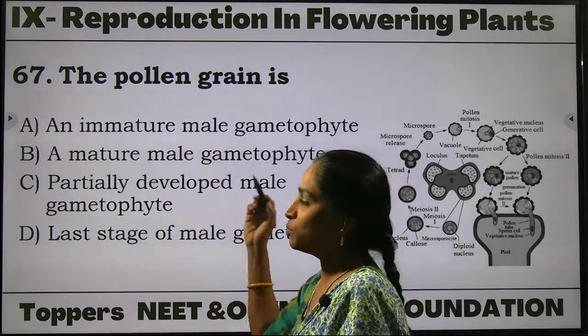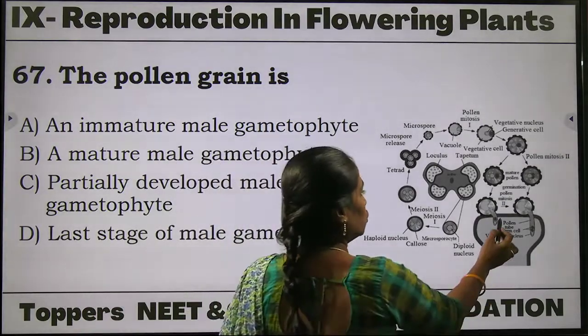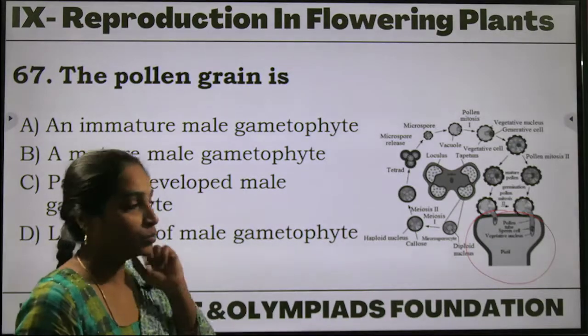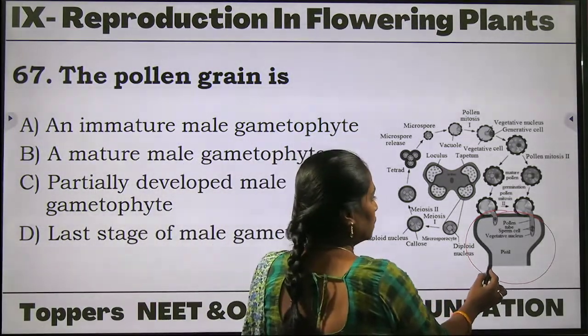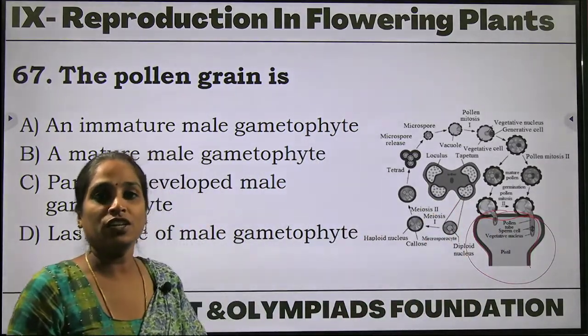Before going to the options, if we observe the picture, this is the pollen tube, sperm cell and the vegetative nucleus. Within this is the pistil region, and within the pistil region we can observe the germination of a pollen tube.